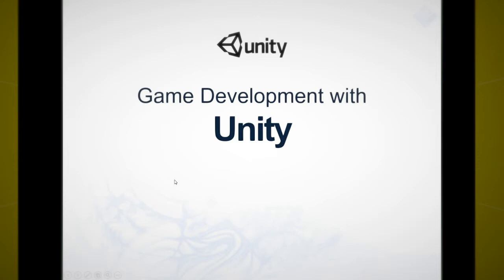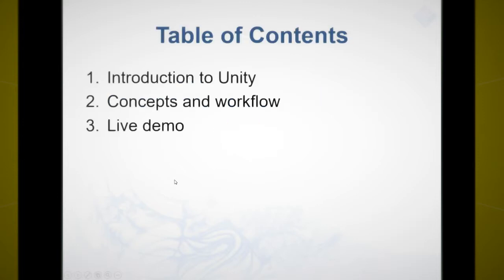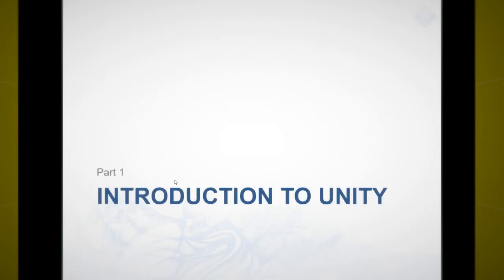this slide was the first thing that they saw when they came in the first day. As you can see, it has the title Game Development with Unity, and I would start to list the table of contents.